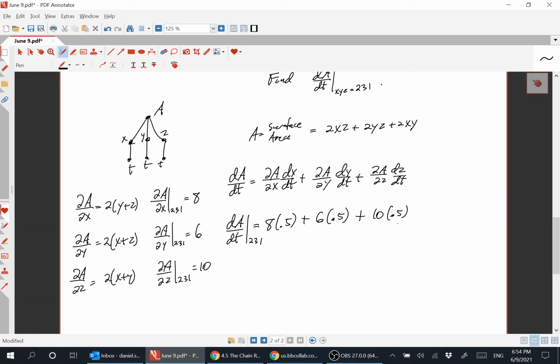So we get 4 plus 3 plus 5 is equal to 12 inches squared a minute. Right, so the surface area is increasing at 12 inches squared a minute.